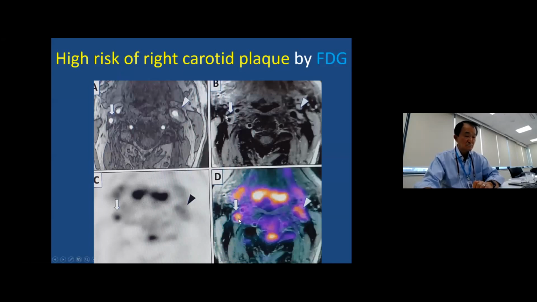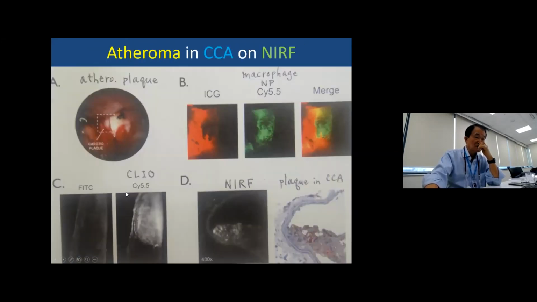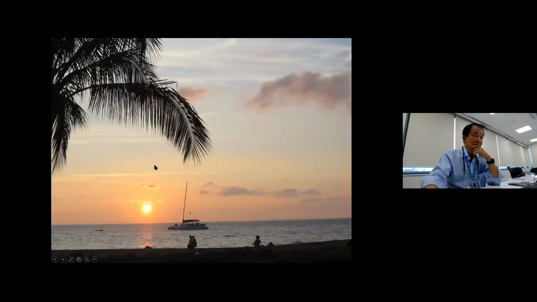Certain blood clots can show, and certain reports show this investigative study also shows these kinds of inflammatory lesions, and then plaque evaluation by near infrared and research, often macrophage and other things.